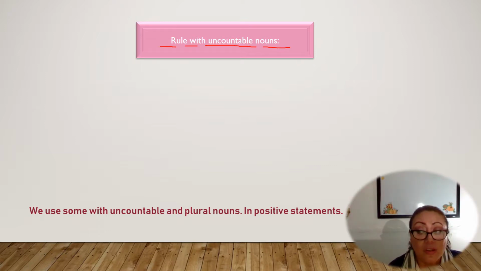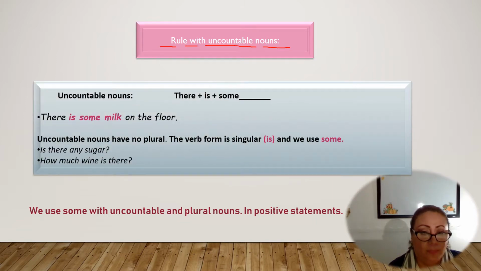So for that reason, I don't put the word a right in front. With uncountable, remember this rule, I need to use the singular verb to be, is. Always uncountable nouns take the singular verb. Always, okay? And we don't have that in Spanish.